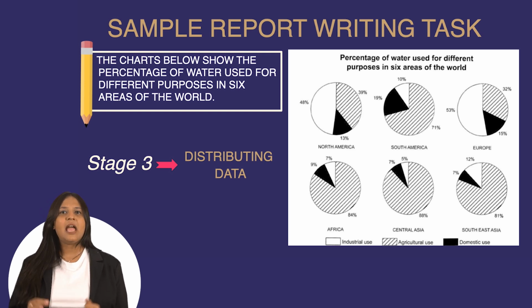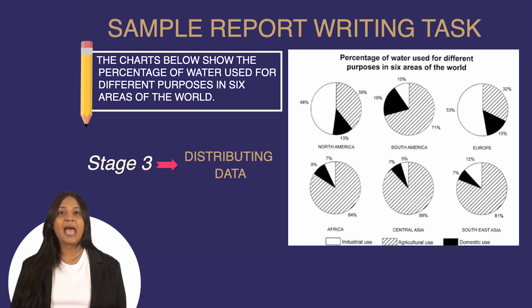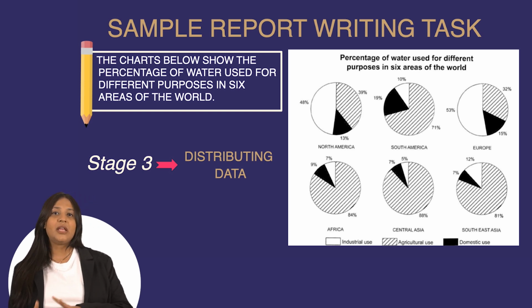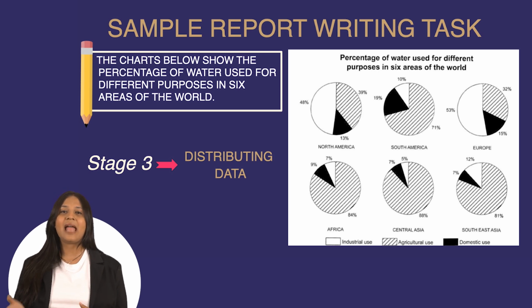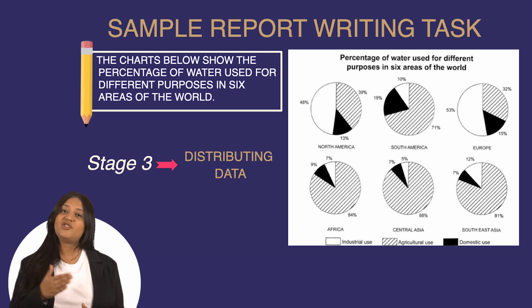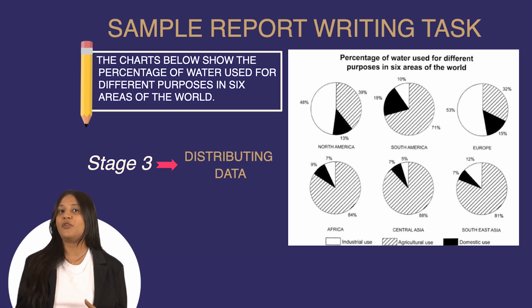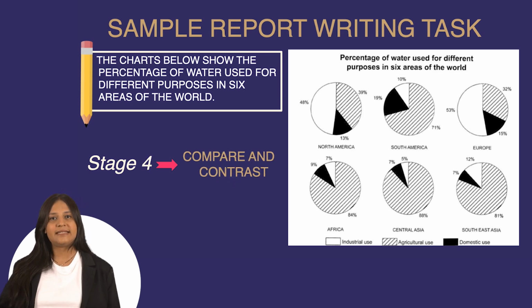To explain this, here for this given task, maybe you would want to talk about 3 places in body 1 and the other 3 in body 2, or industrial use for all places in body 1 and agriculture and domestic use in body 2. Whichever way you prefer, just make sure it is logical and strengthens the overall progression of your writing. The final stage is the execution stage.